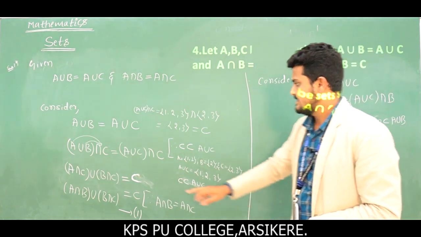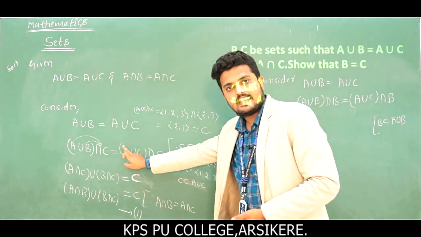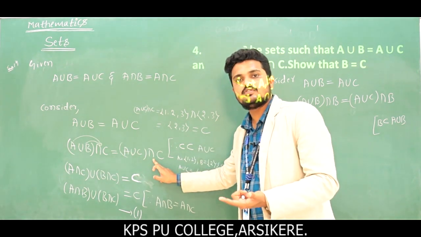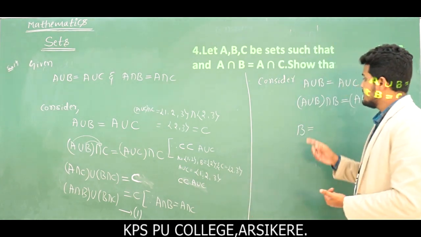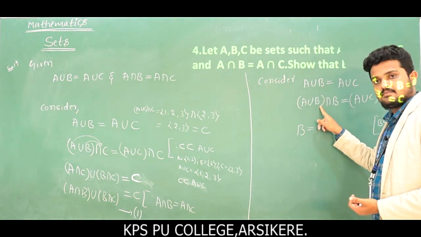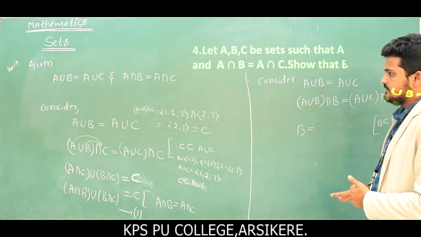So look, here also we have written the same way, right? So C is a proper subset of A union C. So C intersection C is equal to C itself. In the same way, B is a proper subset of A union B. So B intersection B is equal to what?